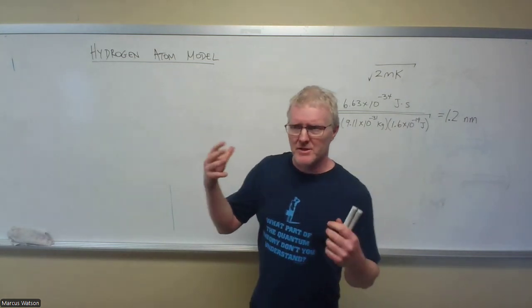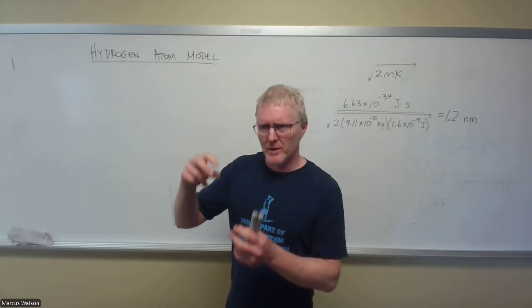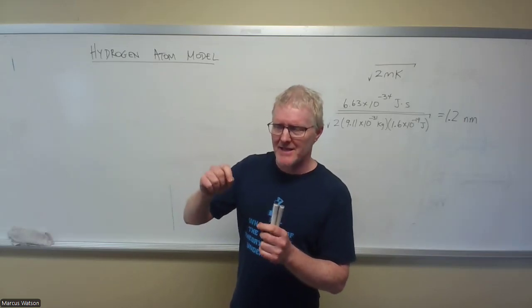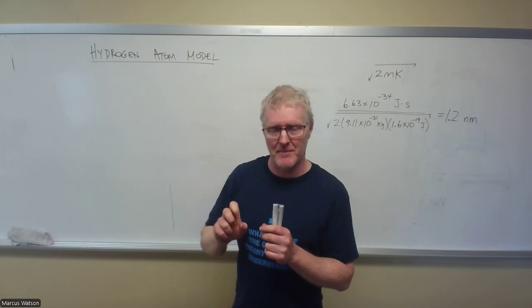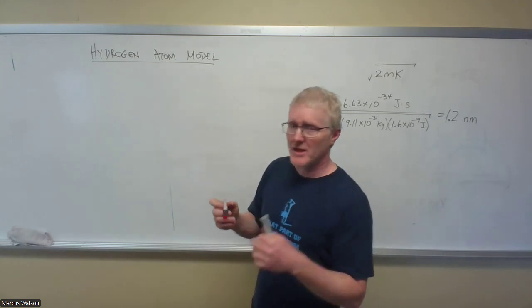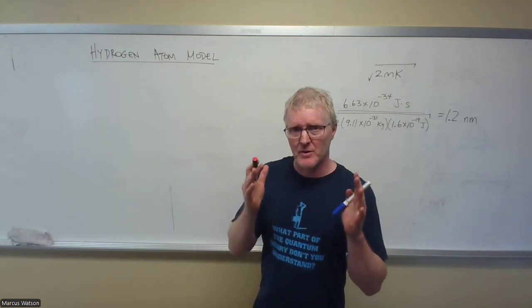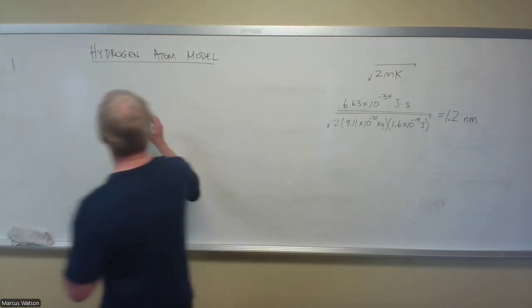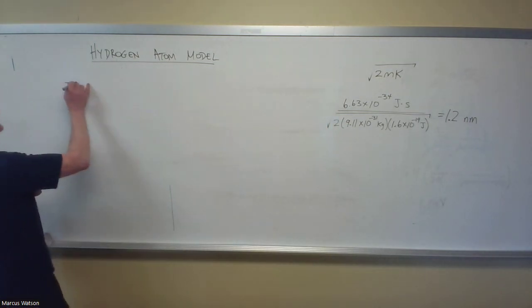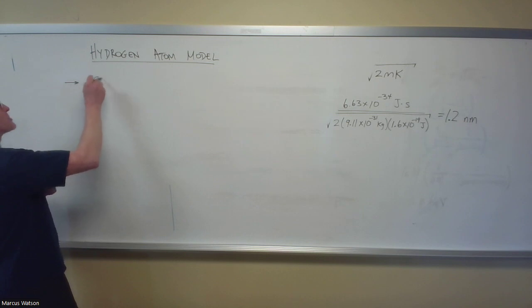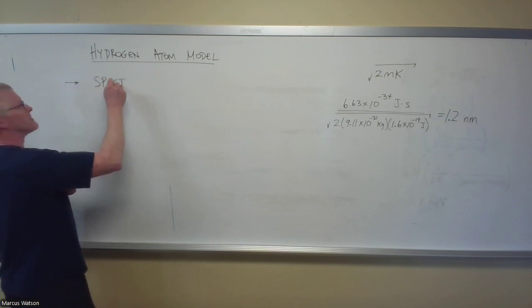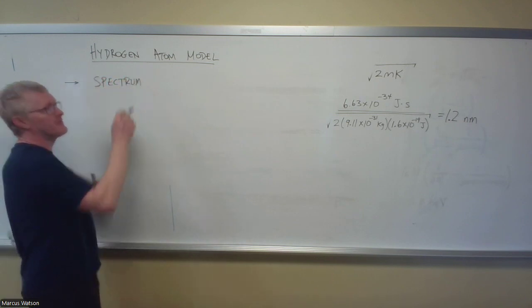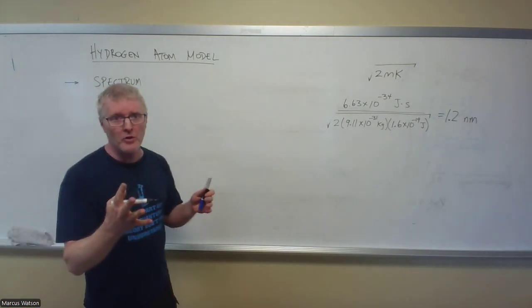And so they started to think about, well, what happens when we look at the gas? If we look at the light that the gas can emit, it comes out in specific wavelengths. So the first thing that was noticed here was that the spectrum of hydrogen gave visibly only 4 wavelengths.